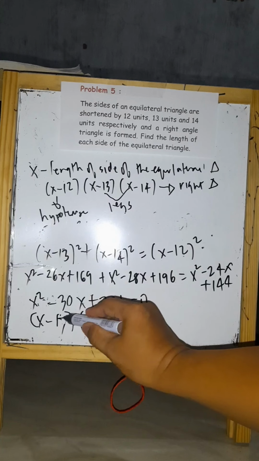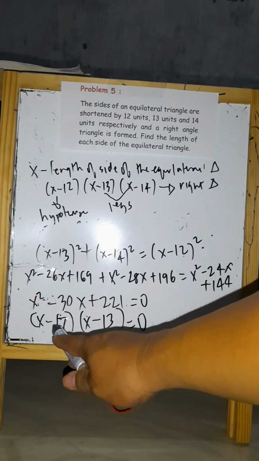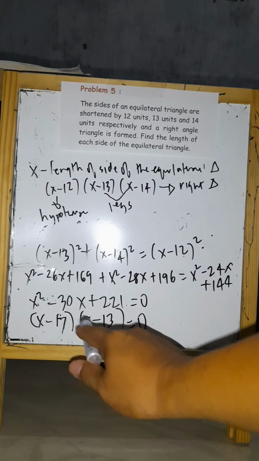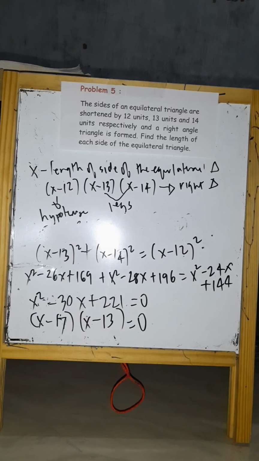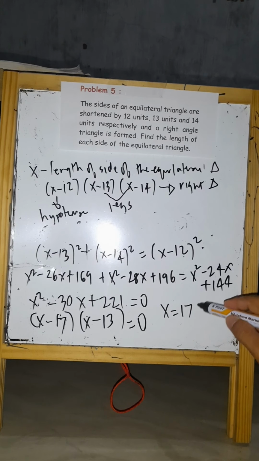Because 17 times 13 is 221, negative 17 times negative 13 is positive 221, and negative 17 plus negative 13 is negative 30, which is the middle term of the quadratic equation. So solving for x, we have two values of x, which are 17 and 13.